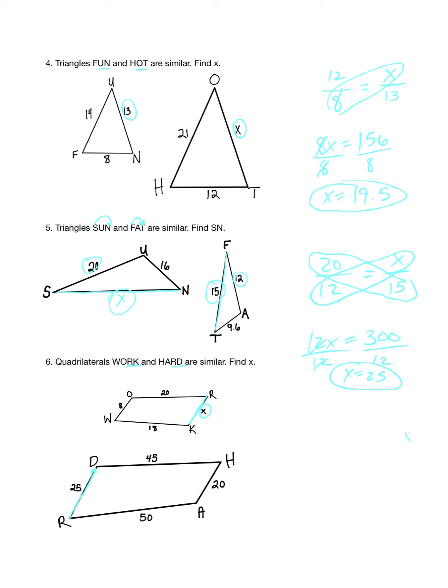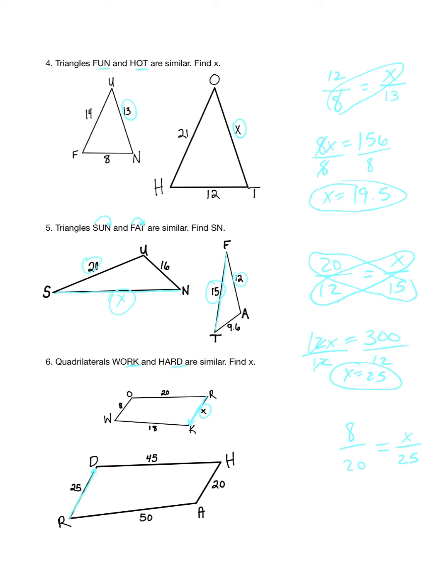So X over 25 is going to be equal to, let's just pick, we said R to K. It's going to go this way. Let's just pick the opposite. So 8 over 20.